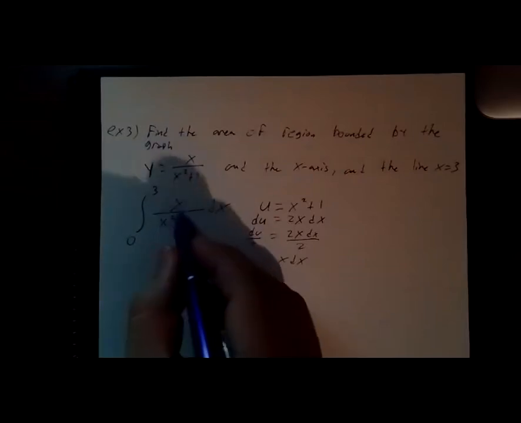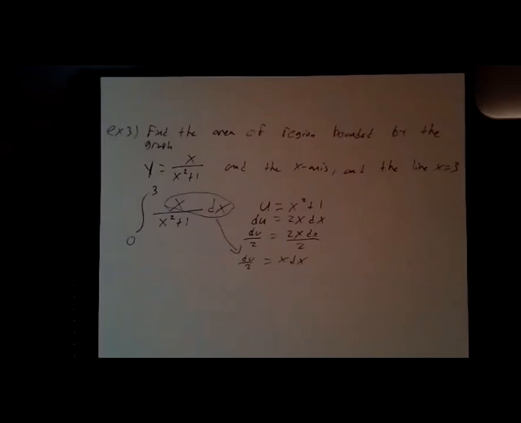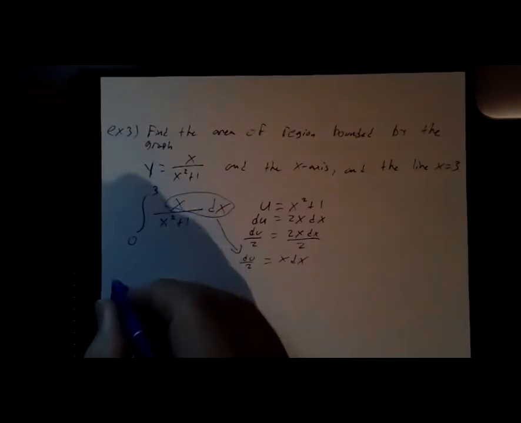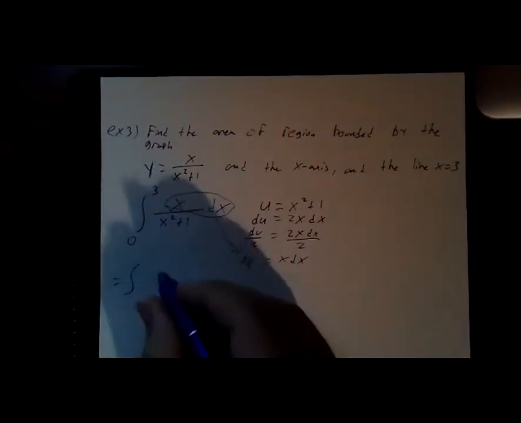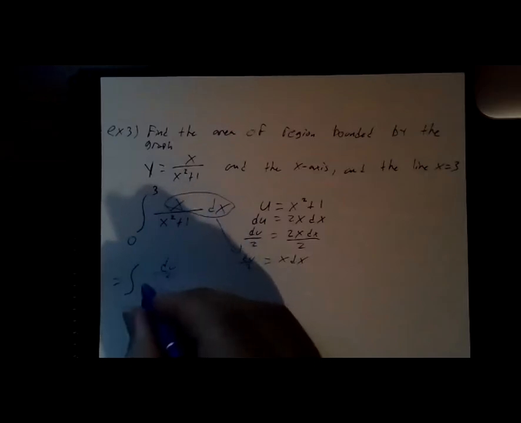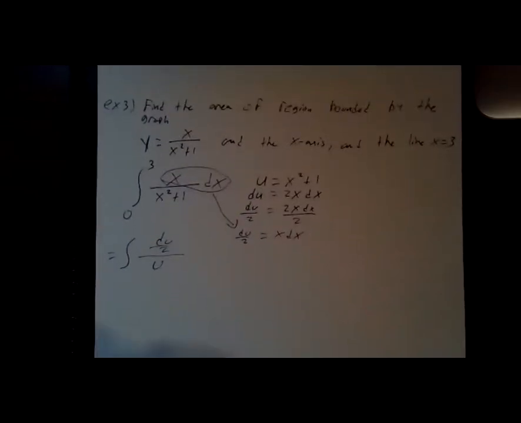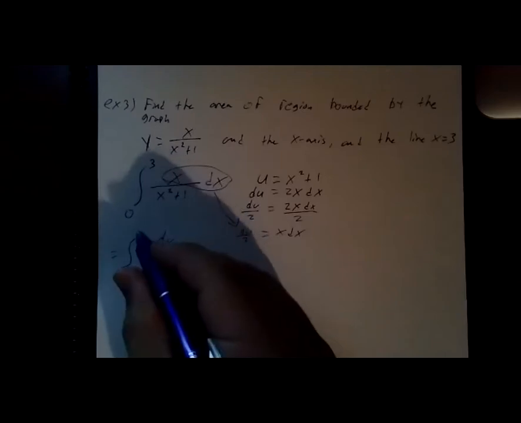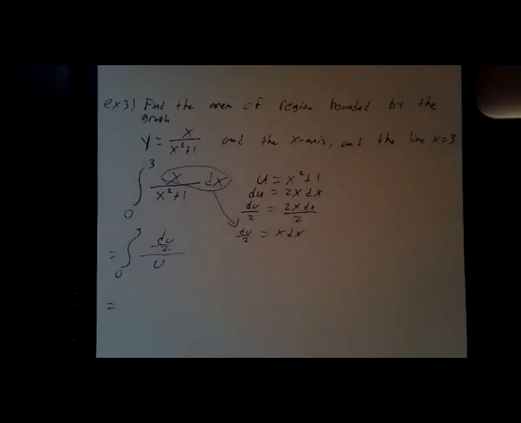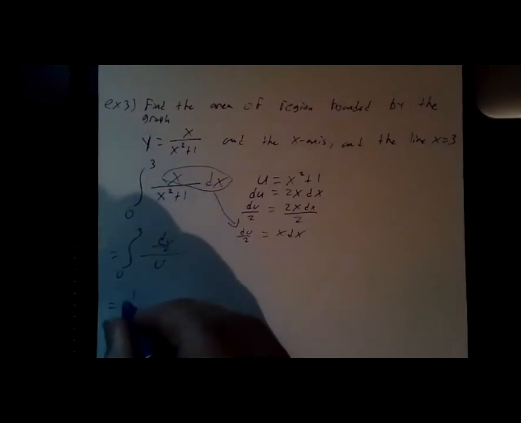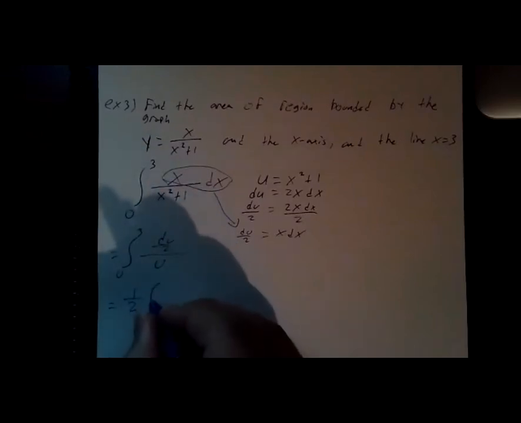So this guy will be replaced by this. Okay. So now we have du over 2 over u from 0 to 3. Although right now it looks super weird, who cares? We can pull that 2 out in front, right? Or rather, 1/2.